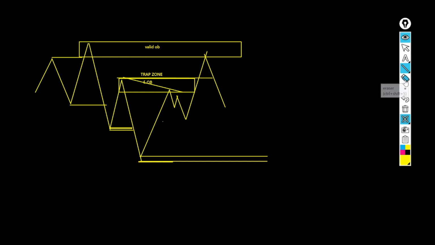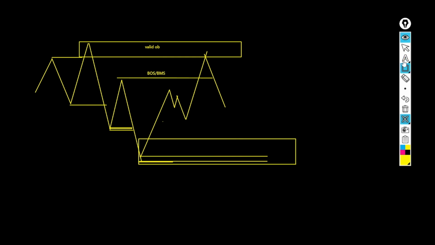They won't see this as a trap. They'll see this as a break of market structure, or BMS, whichever they want to call it, and they'll want to buy here at this demand zone.